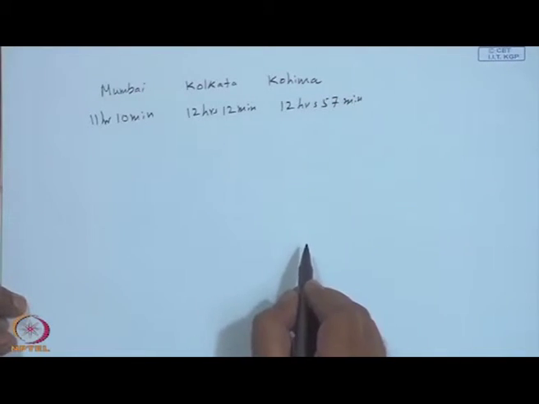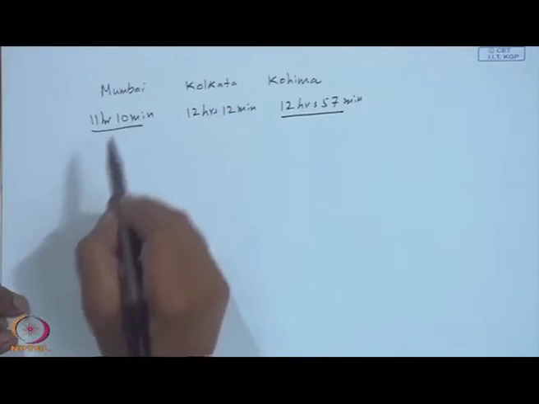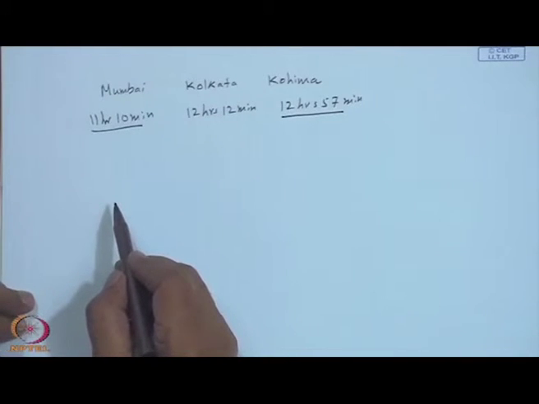So, for a given clock time of 12 o'clock, if you look at the solar time in Kohima and Mumbai, there is a considerable difference, almost equal to 2 hours.